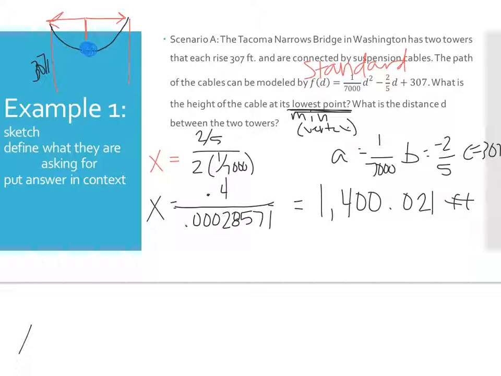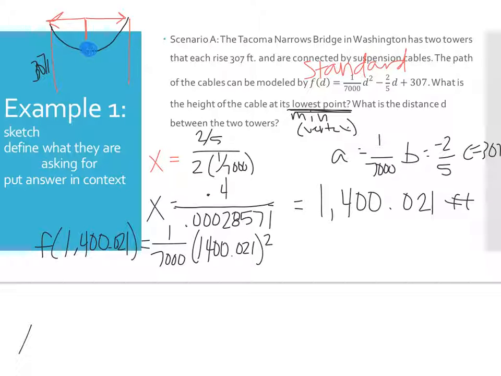So to find the y value, to find the actual lowest point, I have to take that and plug it into the equation. So I'm just writing all of this out. And then the best thing to do is pick up an actual scientific calculator and just plug this all in at once, since these numbers are going to be so ugly.